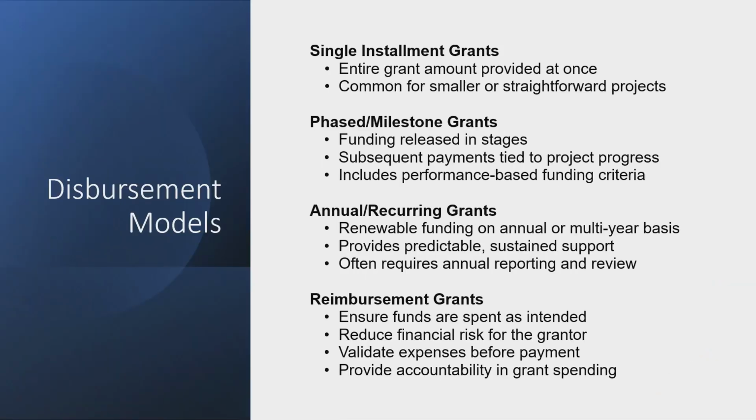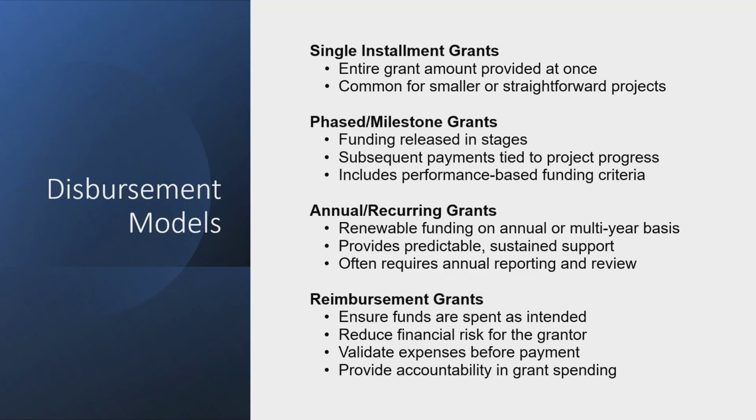In nonprofit funding, organizations utilize 4 primary disbursement models. Single installment grants provide the entire amount upfront, ideal for smaller projects with clear parameters. Phased or milestone grants release funding in stages as specific benchmarks are achieved, ensuring accountability through progress-based payments.